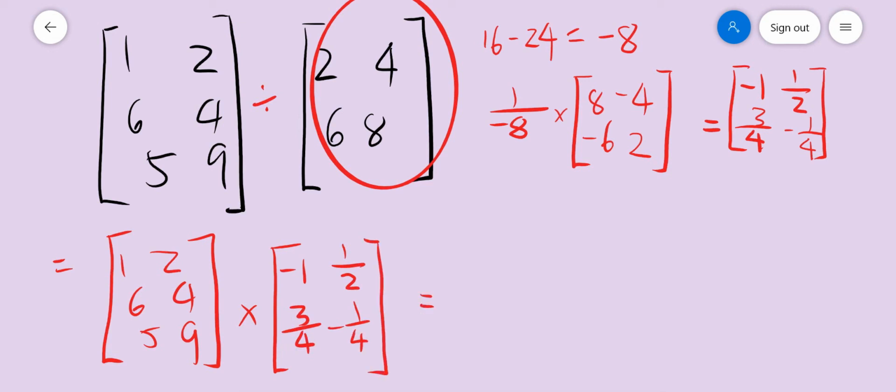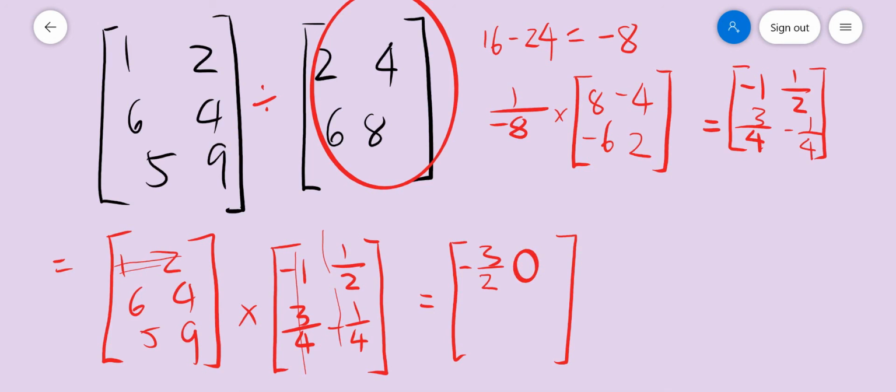So first, the first row, first column. 1 times minus 1 is minus 1, plus 6 over 4, that is 3 over 2, so minus 3 over 2 in the sum. And this number will be first row, second column. That is 1 over 2 plus minus 1 over 2. So that is 0.